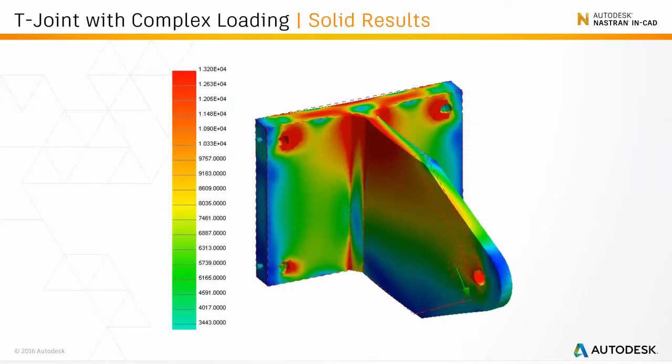So how does this compare to solids? Here's the same model, but in this instance we've modelled it as a solid, and it's been meshed and solved as a solid, with the welds included. In this case, the weld size has been depicted based on our previous calculation, rather than us making an assumption.